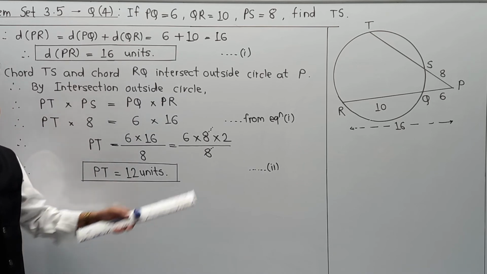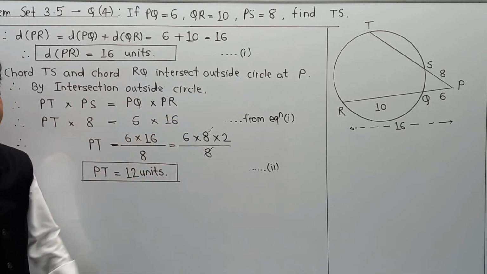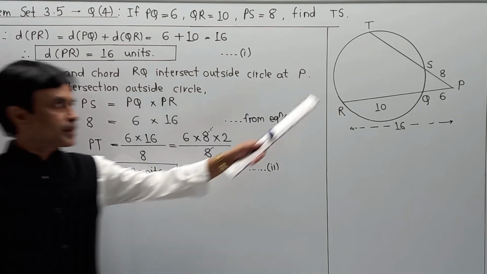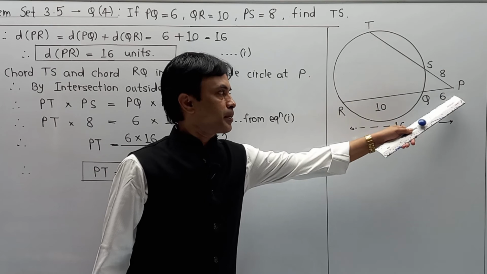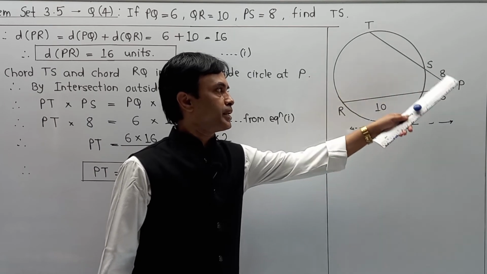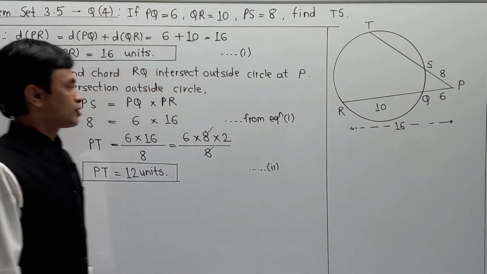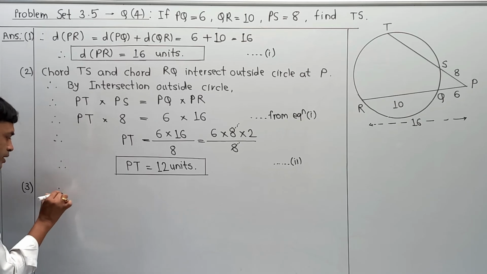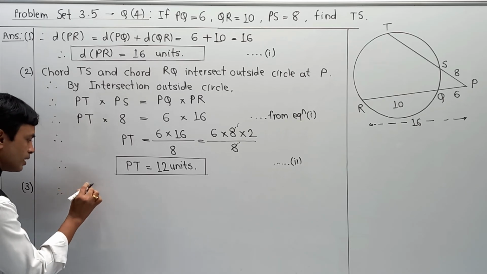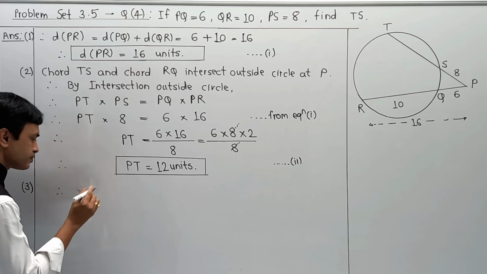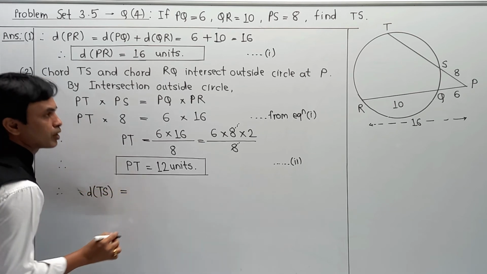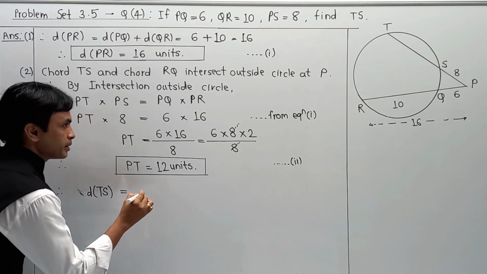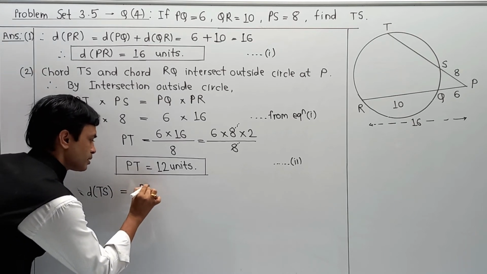Now our target is to calculate TS. If you observe the diagram, TS is nothing but total PT minus PS. So as per the question, distance TS is equal to PT minus PS.